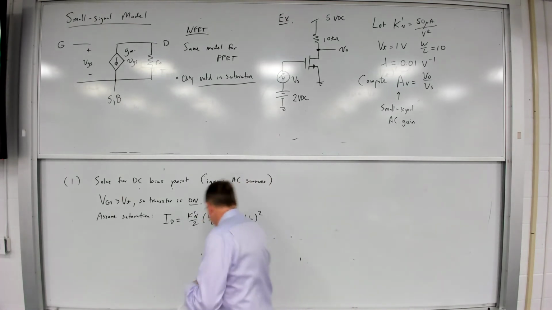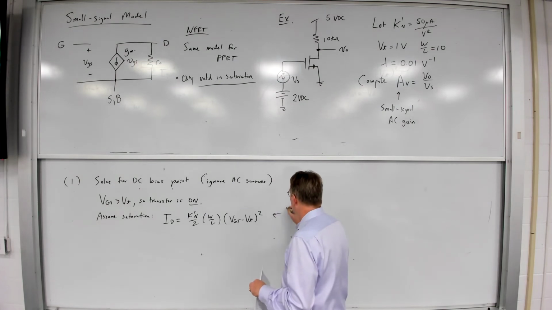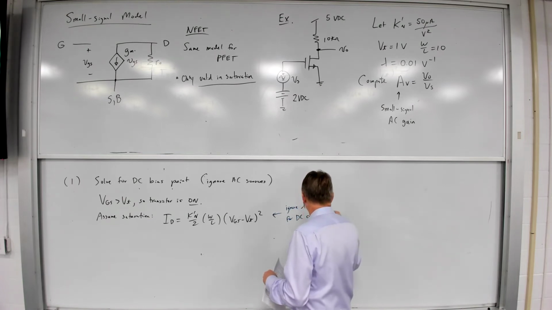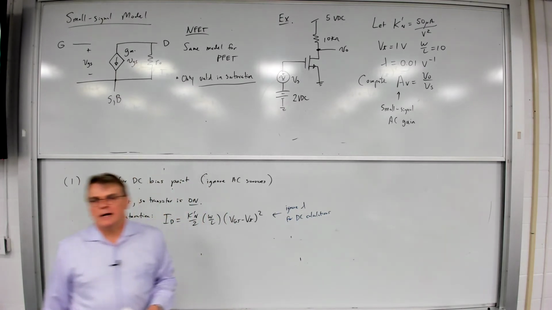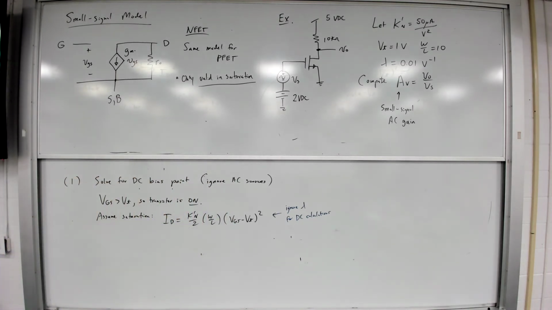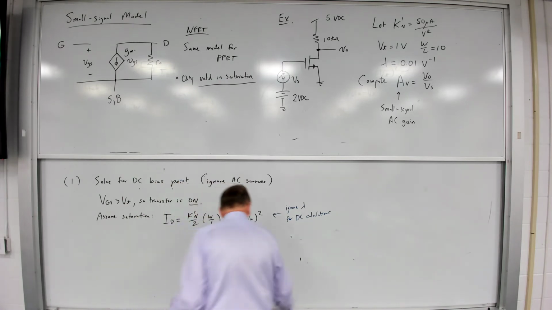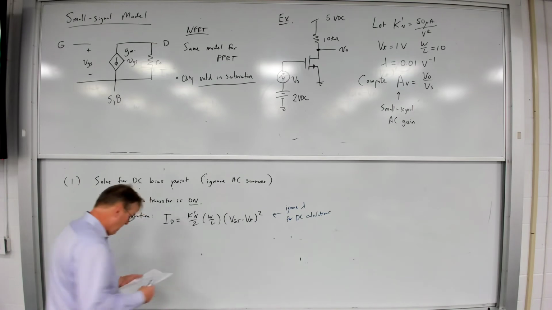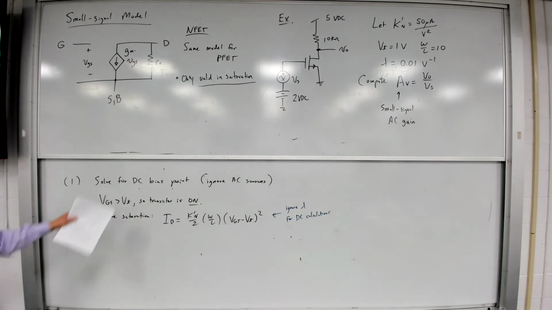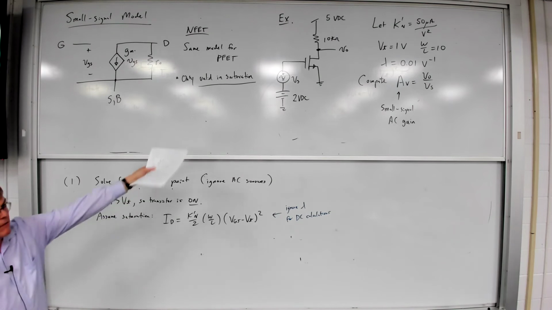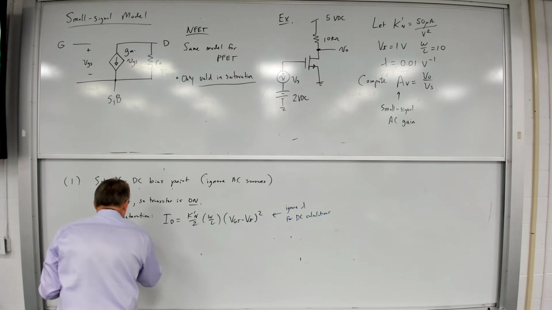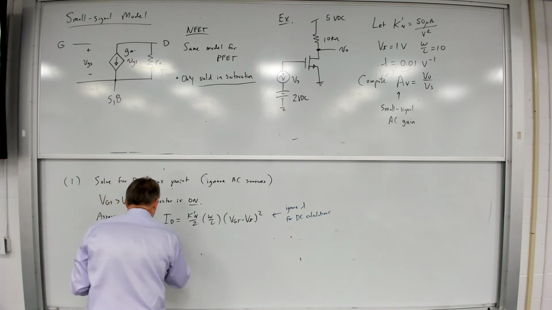So as always, unless I or a problem tells you otherwise, for DC calculations we can ignore the effect of lambda. I can now plug in the values, and I get that ID is equal to 250 microamps.